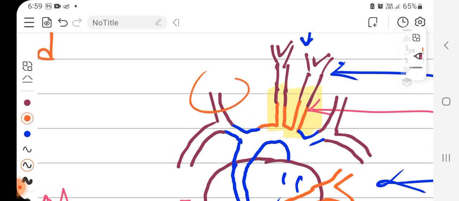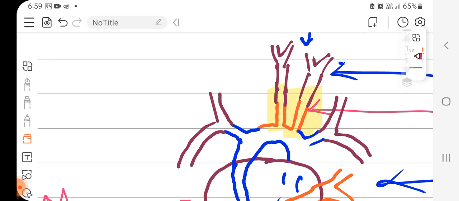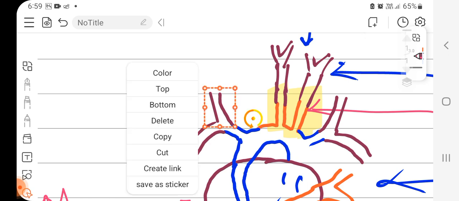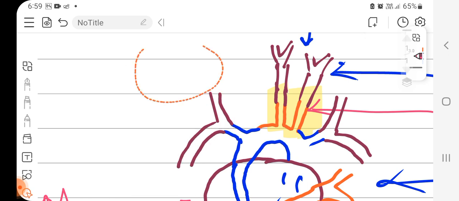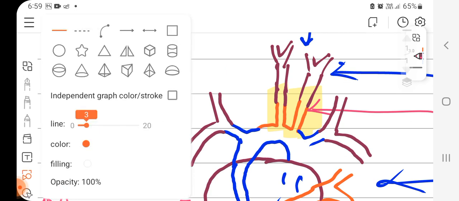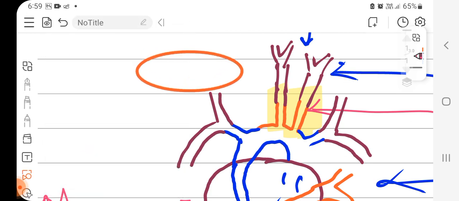Now name it. The artery going to the upper side we call the vertebral artery. This is important.